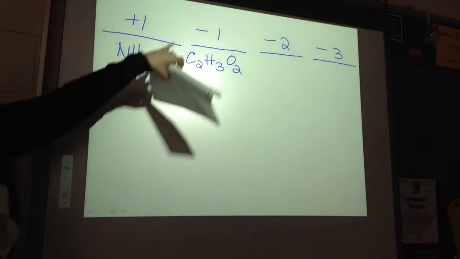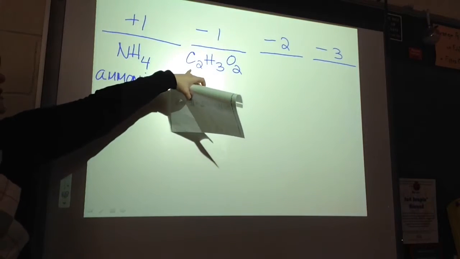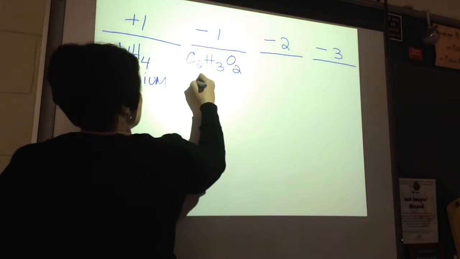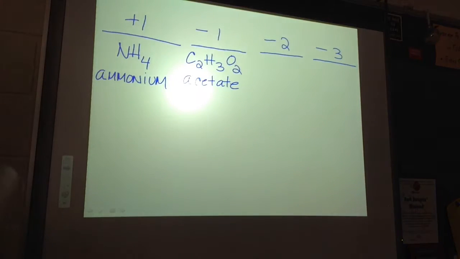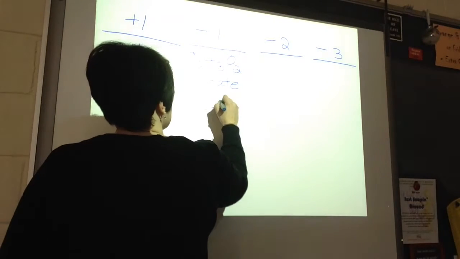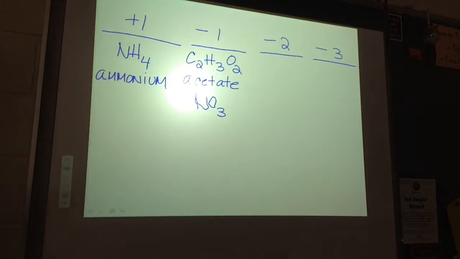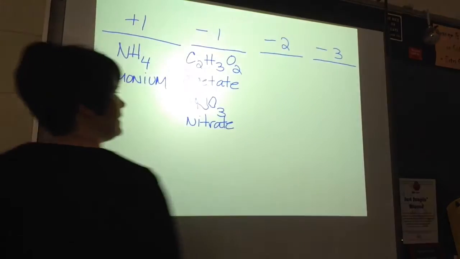Our first polyatomic anion with a -1 charge is C2H3O2. That is called acetate. The next one is NO3, named nitrate.